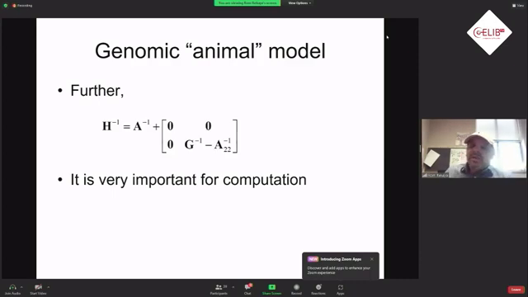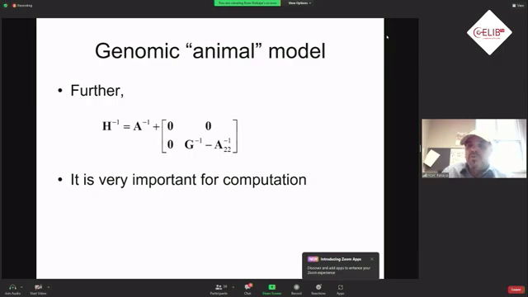So, although H-1 as presented to you is a very nice and elegant matrix, G-1 is not trivial. Although you don't have as many elements in G-1 as in A-1, A-1 is trivially produced, but G-1 is not when we have a large number of genotyped animals.